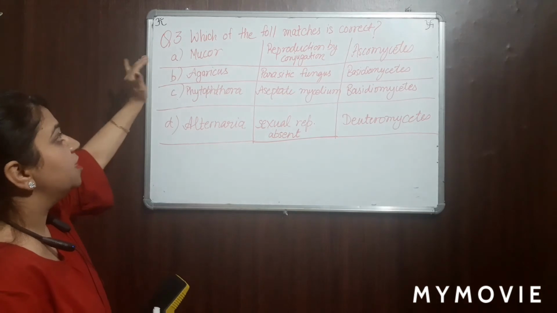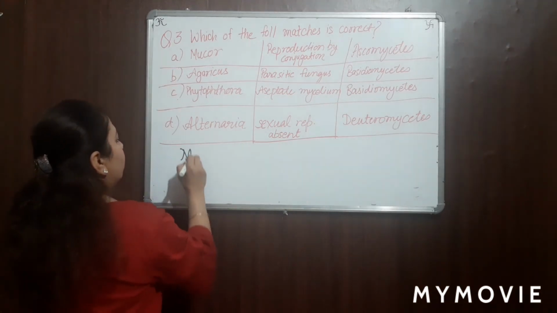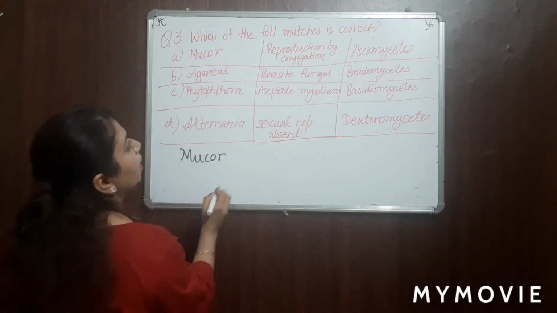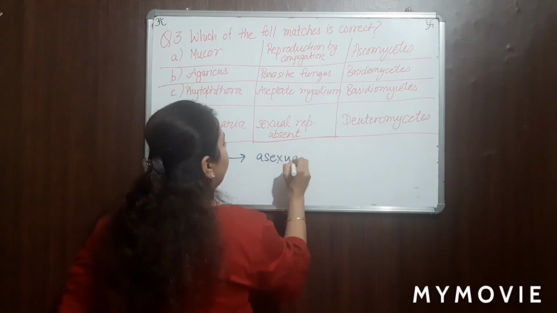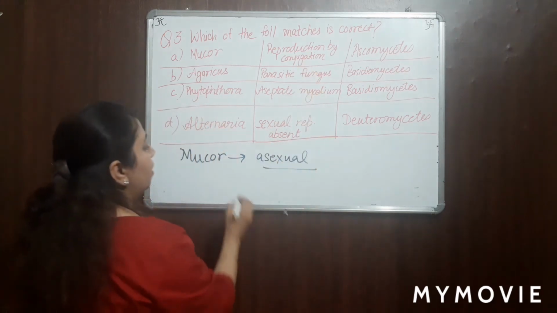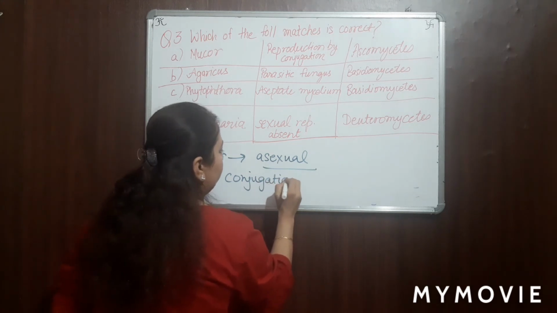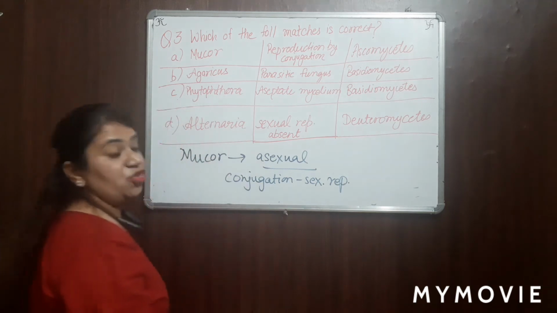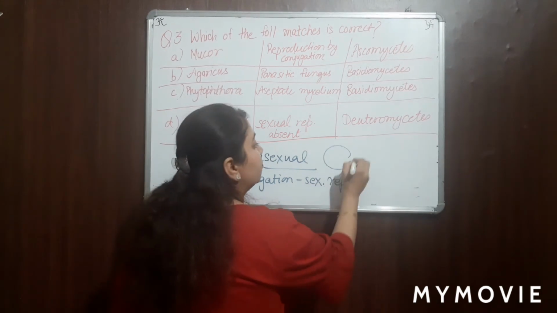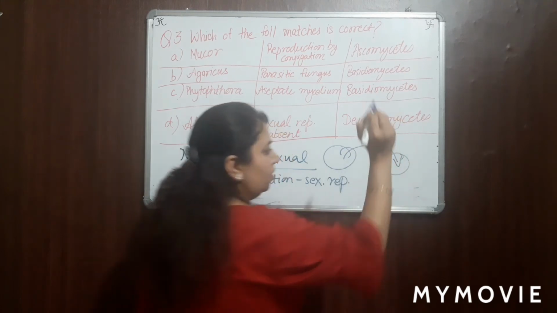Now the first one is mucor. In mucor, reproduction is asexual and not sexual. Conjugation is sexual reproduction, in which there is a complete transfer of content from one organism to the other.